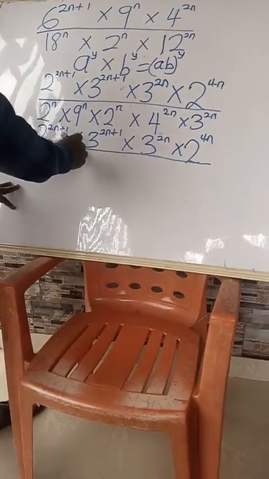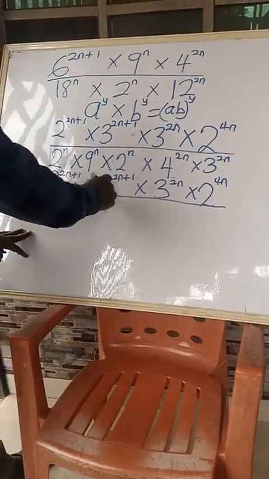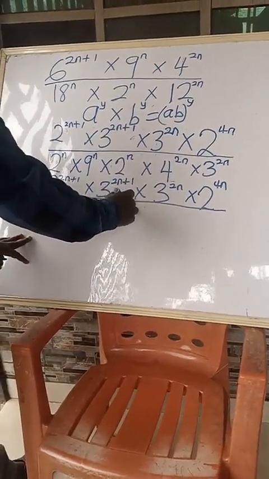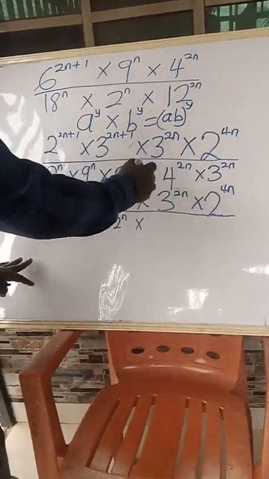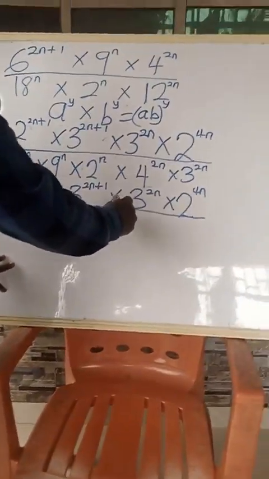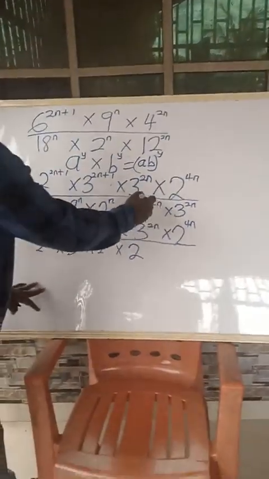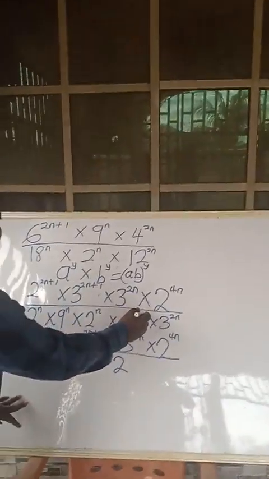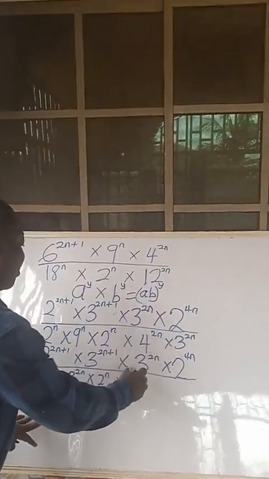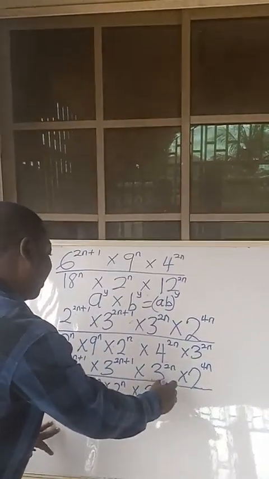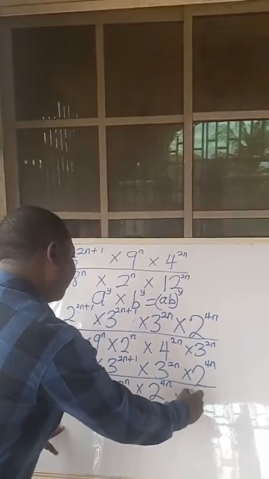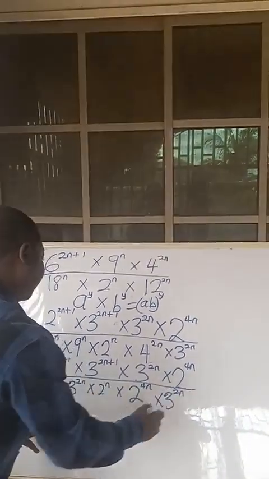So 3 raised to power 2n times 2 raised to power n times this 4, which is going to be split into 2 raised to power 2. But the 2 is going to multiply 2n. 2 times 2n, that is 4n. So 4 now is 2 raised to power 4n. Then times 3 raised to power 2n.